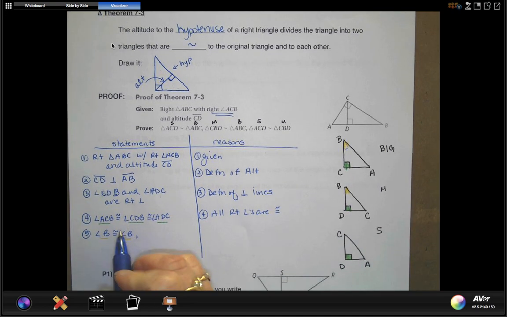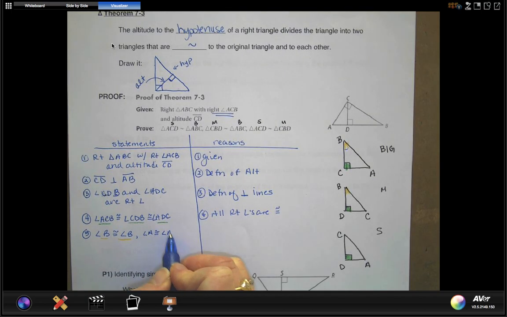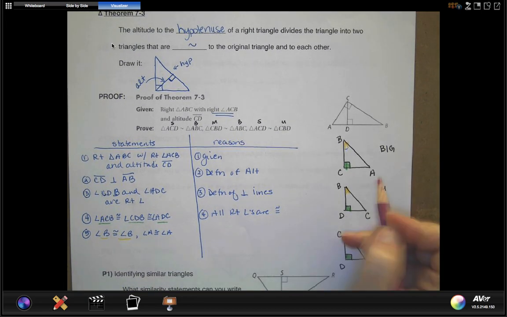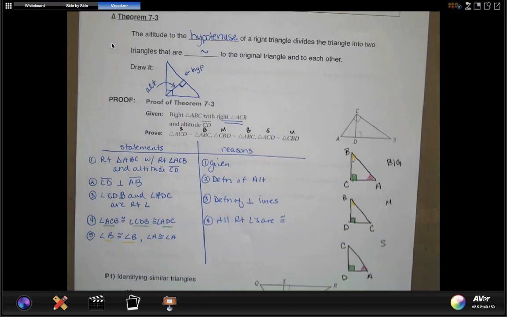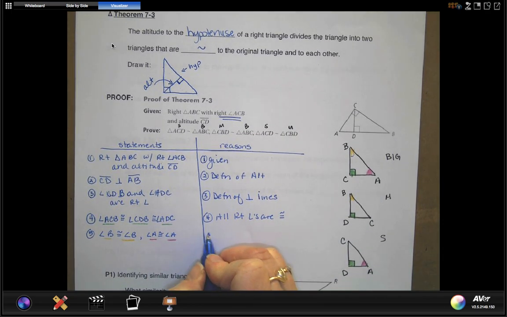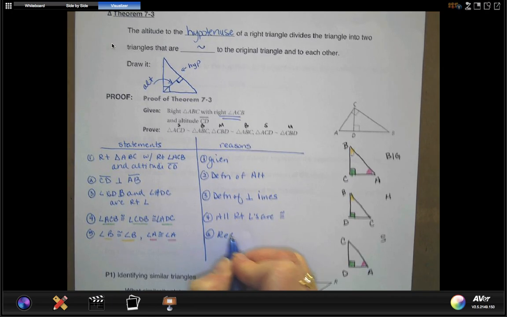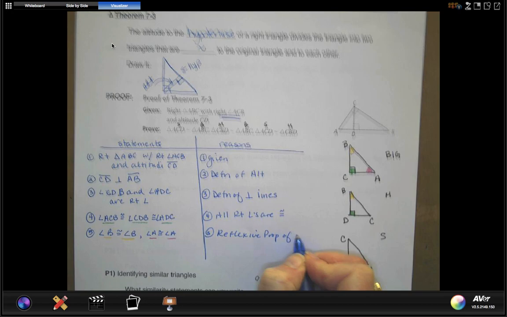And voila, angle A is congruent to angle A. So this angle and this angle are congruent to each other, okay? And if they're the same angles, this is just the reflexive property of congruence.